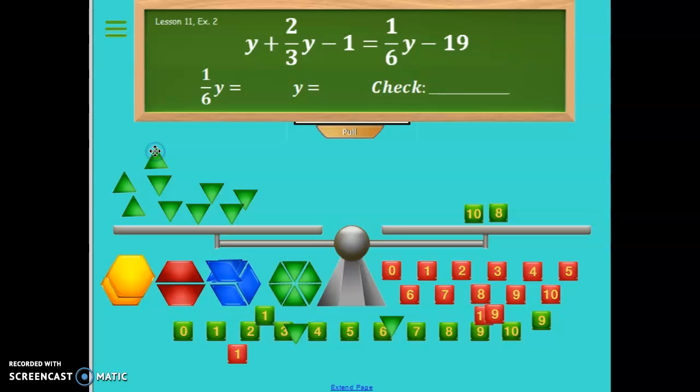And now I have 1, 2, 3, 4, 5, 6, 7, 8, 9/6 equals negative 18, sorry. If 9/6 equals negative 18, then what is 1/6? Should be negative 2, right? And if 1/6 of y equals a negative 2, then y should be a negative 12.